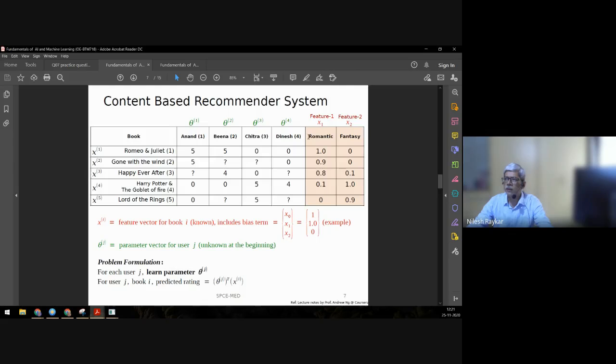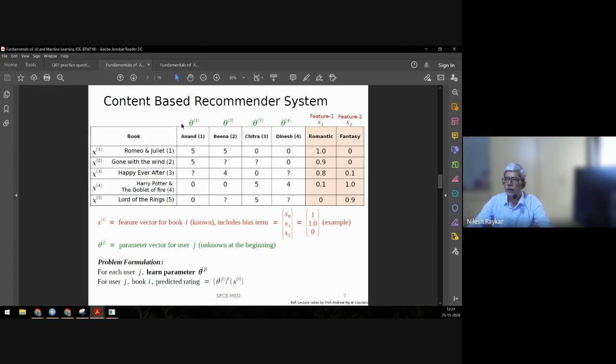In this case, the movies can be romantic, and the level of romanticism is captured by x1 and the fantasy level is captured by x2. For completeness of the model, this feature vector also contains the bias term, so the first term is always 1. That is how this feature vector is formed.